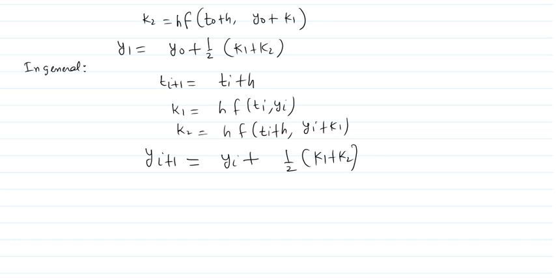And this is called modified Euler's method. You can also derive this method from Taylor series by writing up to second derivative, and hence it is second order accurate, or this method has order 2.